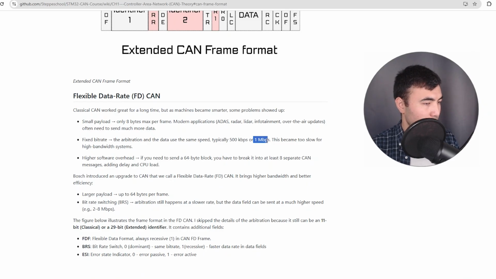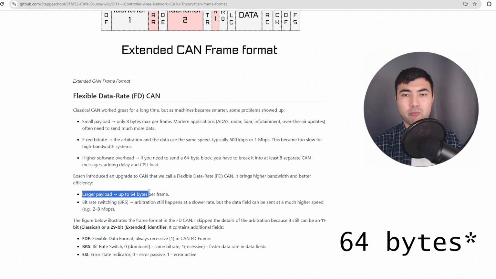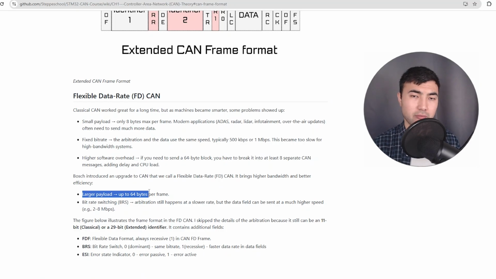To solve these problems, flexible data rate CAN, FDCAN, has been introduced. It has, I think, two major differences compared to the classical CAN. The first is the larger payload. Instead of 8 bytes, we have a maximum of 64 bytes, 8 times greater than the payload in the classical CAN frame.